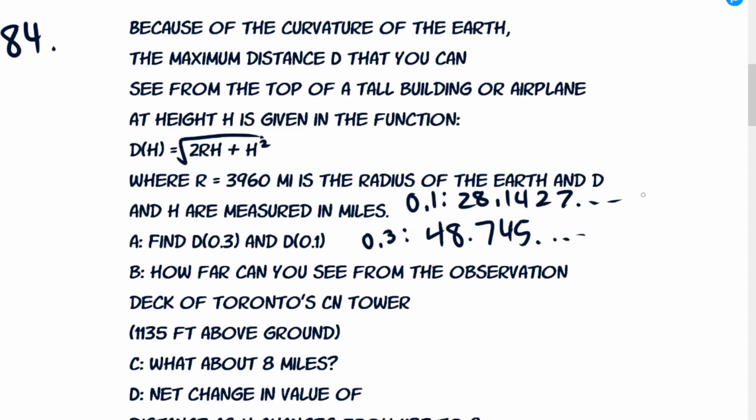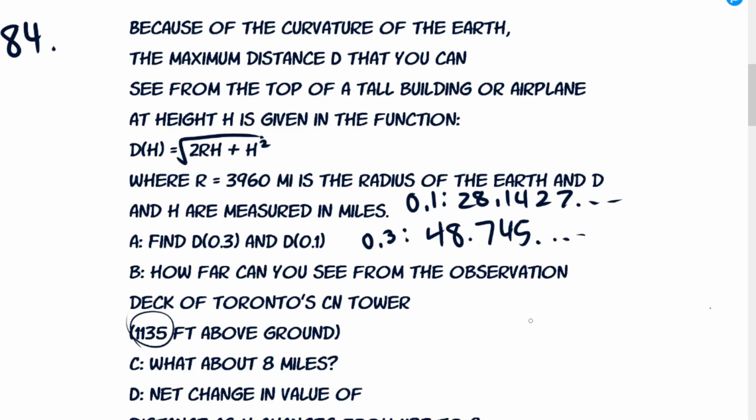And then how far can you see from the observation deck of Toronto's CN Tower, which is 1135 feet above ground? Let's see. This one is 1135 feet.